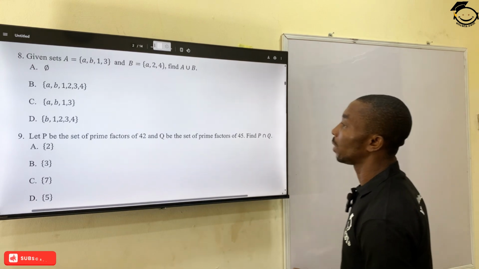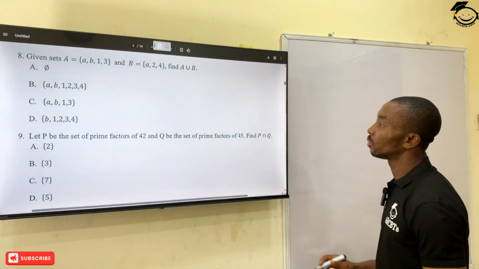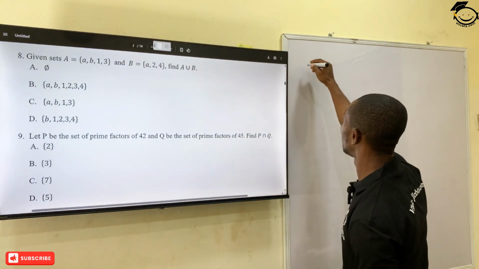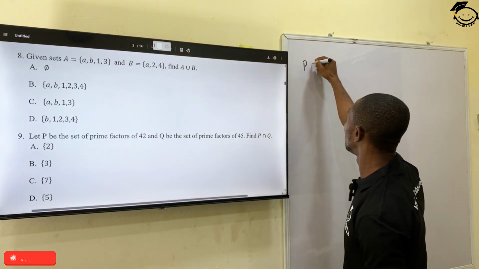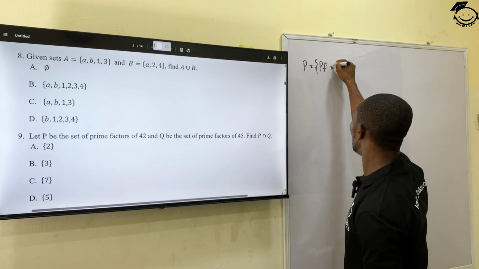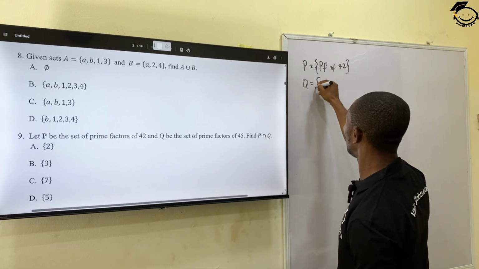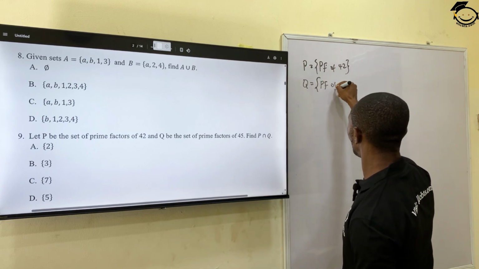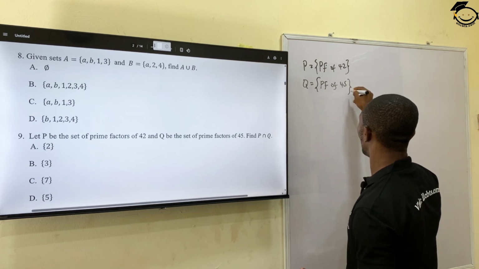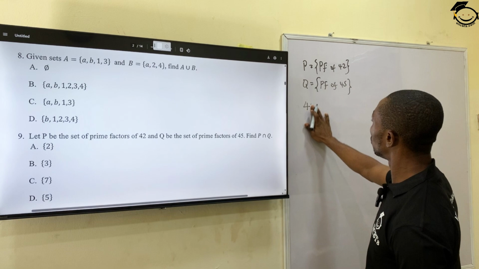Let P be the set of prime factors of 42 and Q the prime factors of 45. Now we are going to find the factors of 42.